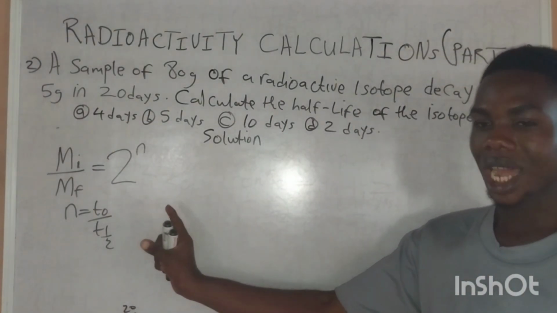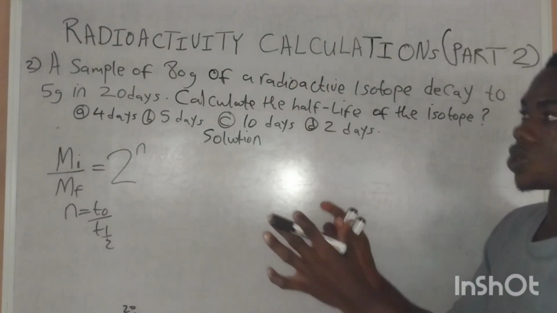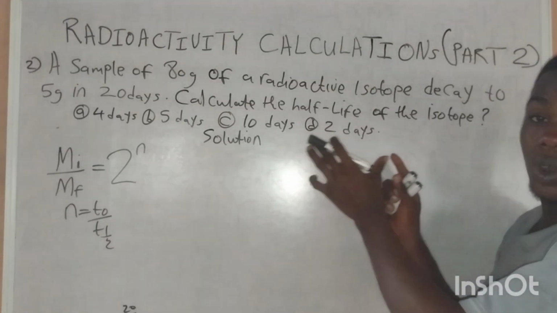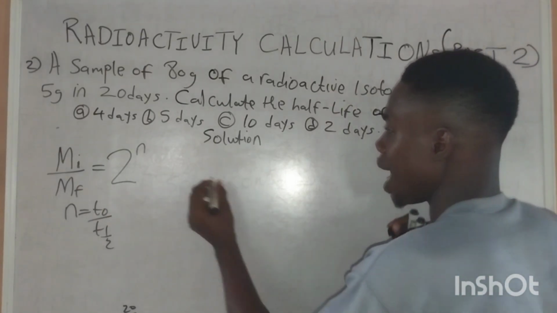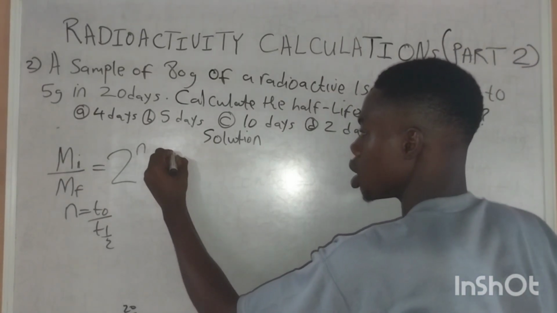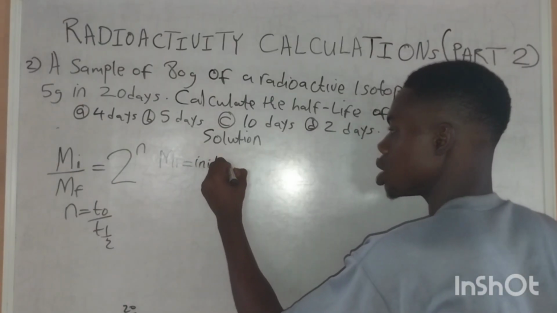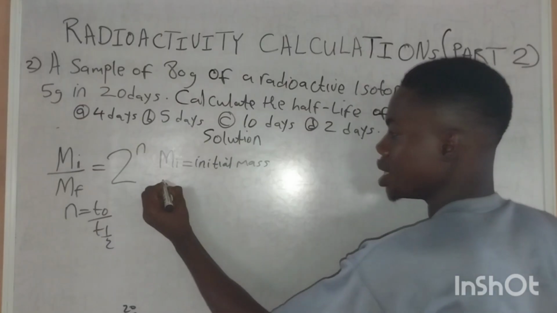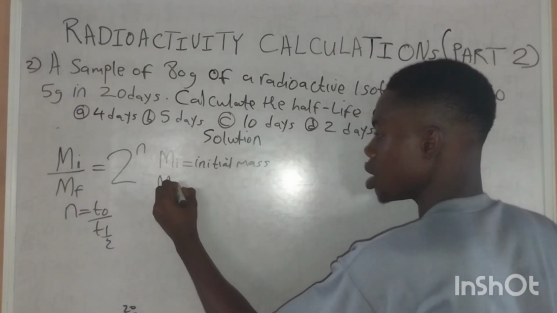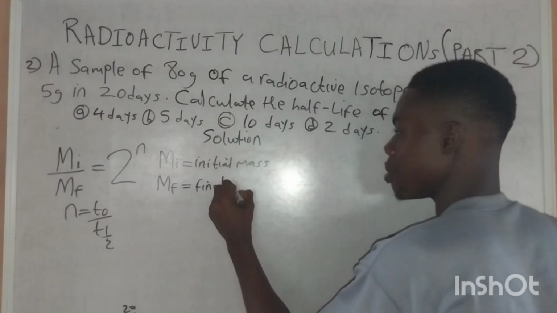With this formula, you can calculate masses, so you can calculate questions regarding masses under radioactivity. Please take note that in this formula, Mi is the initial mass. Mf is the final mass.